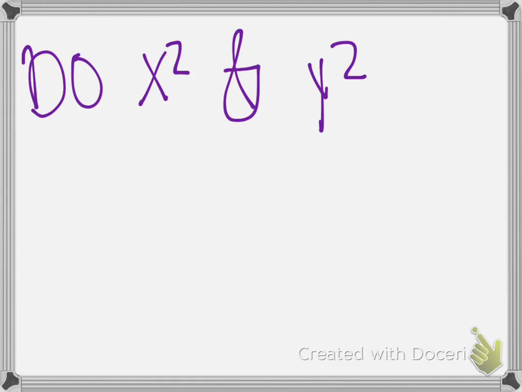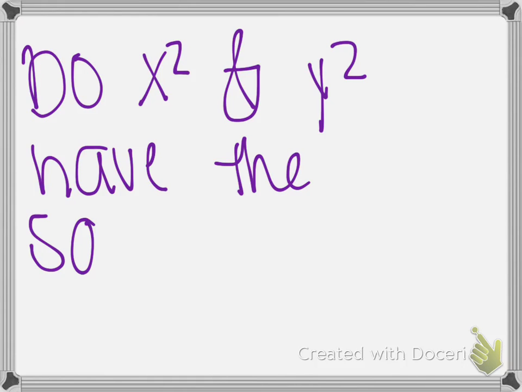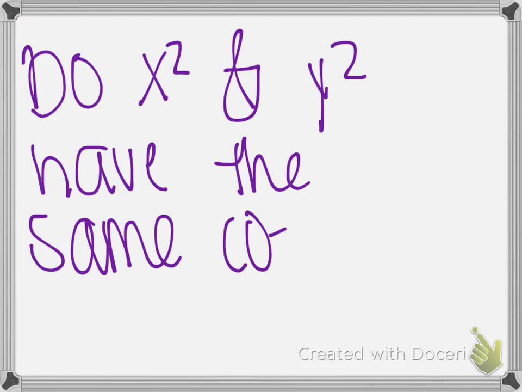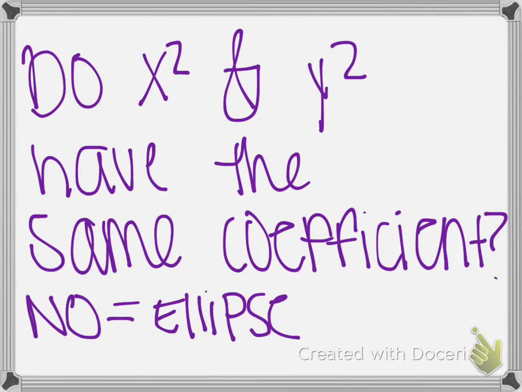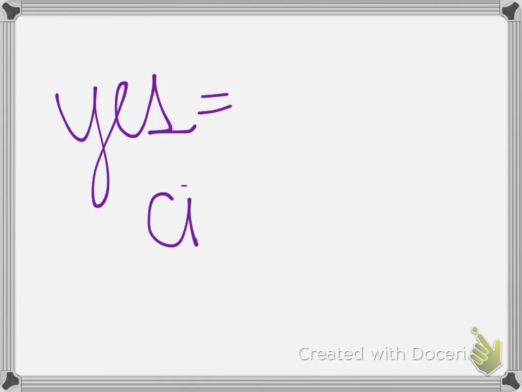The final question is, do x squared and y squared have the same coefficient? If the answer is no, then that is an ellipse. But if the answer is yes, that is a circle. So we're just going to use this flowchart to classify our equation.